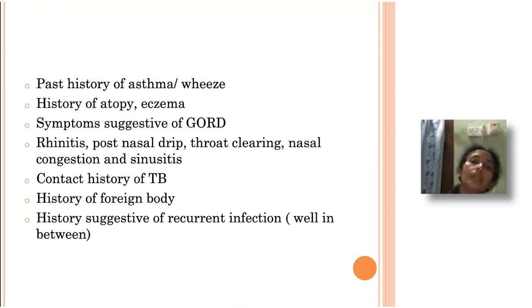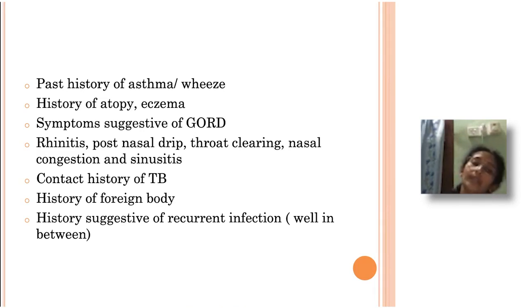Ask about past history of asthma or wheeze, and history of atopy and eczema, which favor cough variant asthma. Symptoms suggestive of gastroesophageal reflux disease, rhinitis, postnasal drip, throat clearing, nasal conditions, and sinusitis favor upper airway cough syndrome.